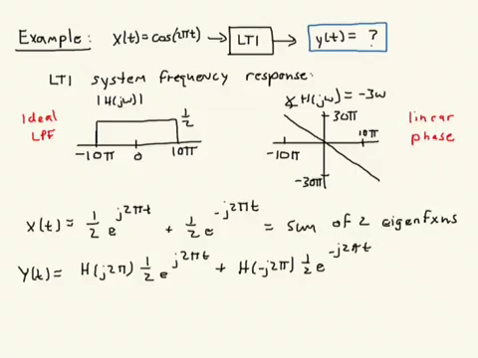So all we've done here is scale the eigenfunction by the value of the frequency response at the frequency of the eigenfunction. Okay, so that means we just have to read the frequency response off at a couple different points.